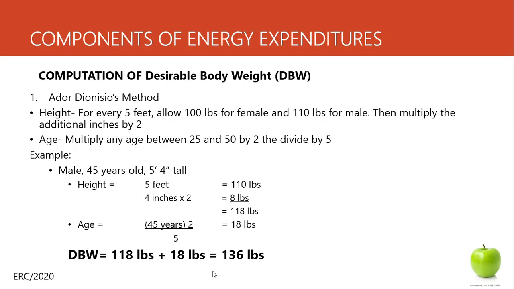If we are going to convert it to kilograms, 136 divided by 2.2. So your desired body weight for a 45 years old, 5'4" tall is 61 to 62 kilograms. So that's how we are going to compute the desired body weight using the Hamwi method.